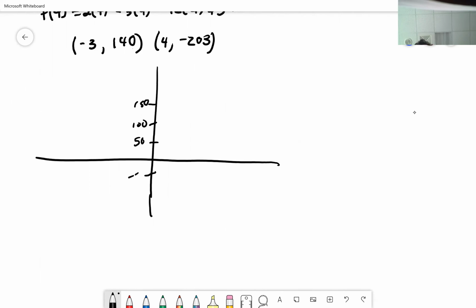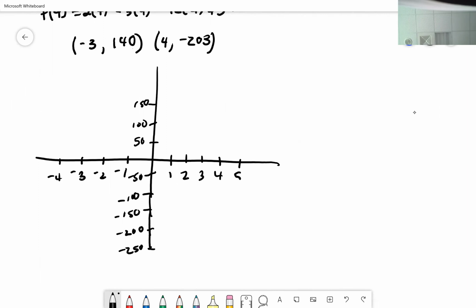You got negative 50, negative 100, negative 150, negative 200, negative 250. And I'm going to go, this is not the best scale, but 1, 2, 3, 4, negative 1, negative 2, negative 3, negative 4, 5.